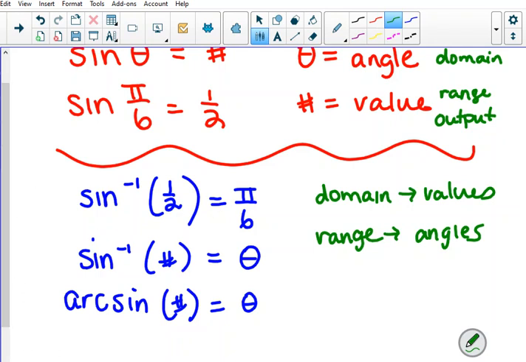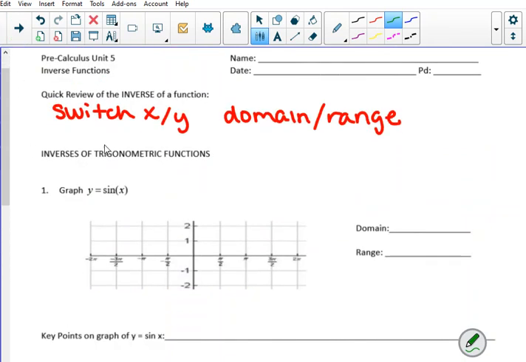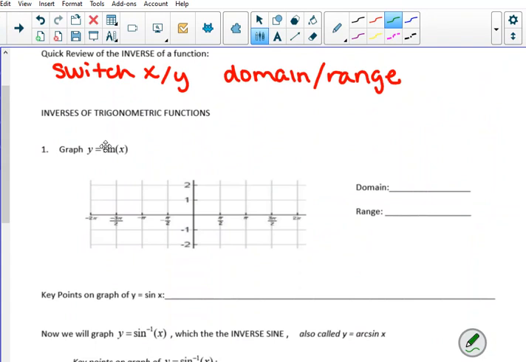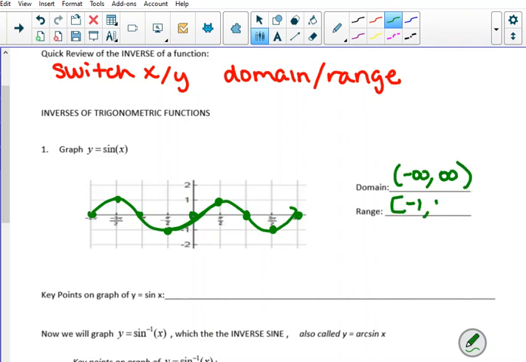All right, so if we back up a screen, we took the original sine function and made a quick graph of it. Remember that our domain was -infinity to infinity, and our range was -1 to 1.